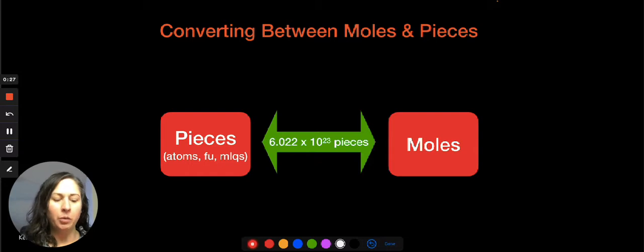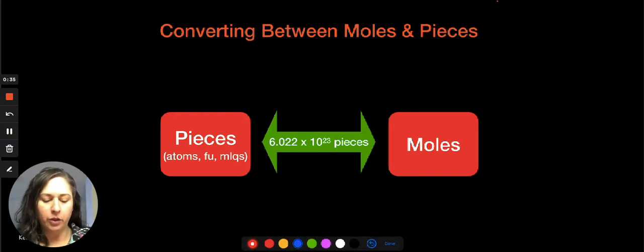To go between these, if we start with pieces, going from left to right, we're going to start with pieces on the top, however many pieces we're given.